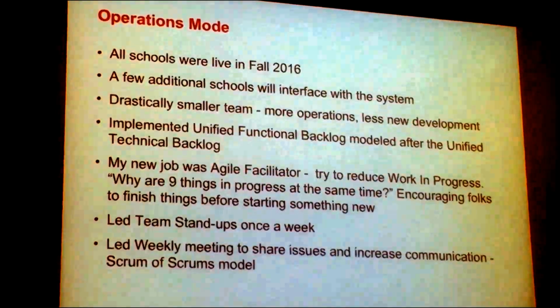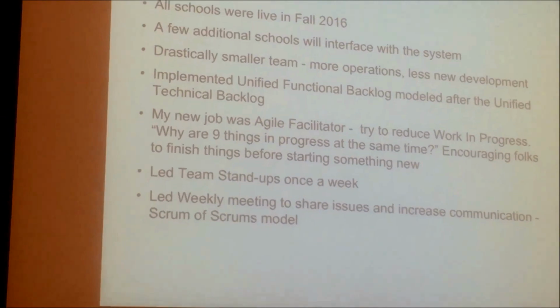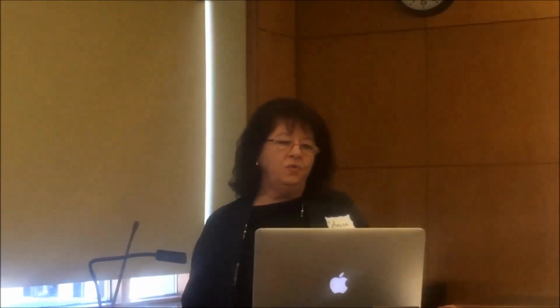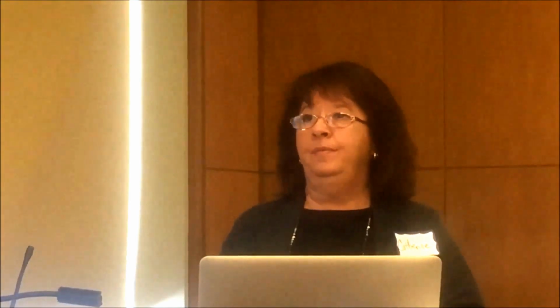You want to keep work in progress to a minimum when you're doing a Kanban. So I was encouraging folks to finish things before starting something new. I also led the team stand-ups. We're still doing those once a week, and we also had our weekly meetings to share issues and increase communication. We had a scrum of scrums model in addition to the project prioritization meetings.